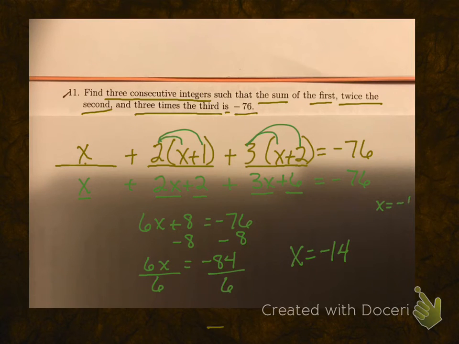X is negative 14. X plus 1 is negative 13. And x plus 2 is equal to negative 12. Alright, good job.